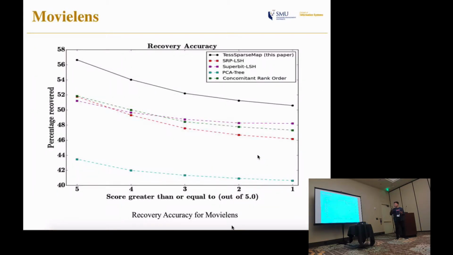In terms of recovery, how well you retrieve the relevant items, they also show very good results as compared to the baselines. Basically, you can retrieve more 5-star rating items and 4-star rating items as compared to all the baselines. So they can discard more irrelevant items and, in the meantime, recover more relevant items, which is good.